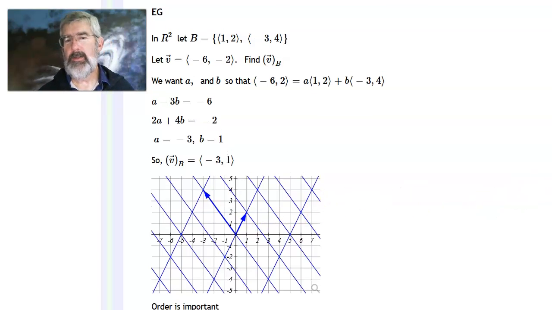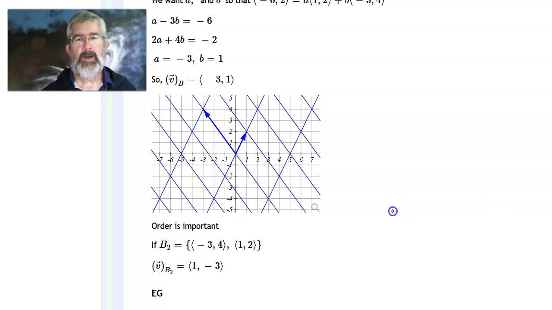Notice that the order is important here, that if I had listed my vectors the other way, listed this one first and that one second, then the coordinate vector with respect to that basis, I'm calling it B2, would be 1, negative 3 instead of negative 3, 1, because this is corresponding to the first basis element. It's the coefficient for the first basis element, and this is the coefficient for the second one.